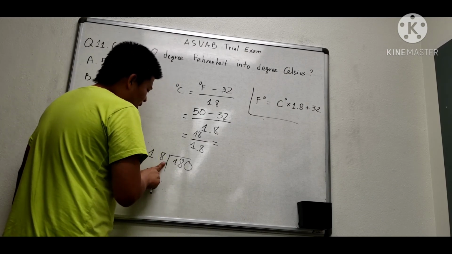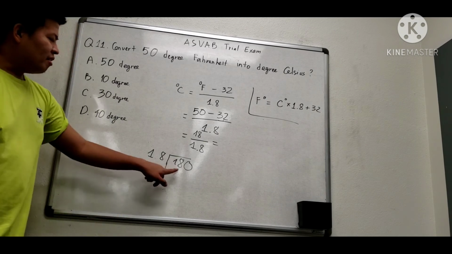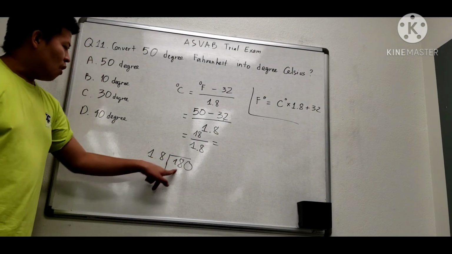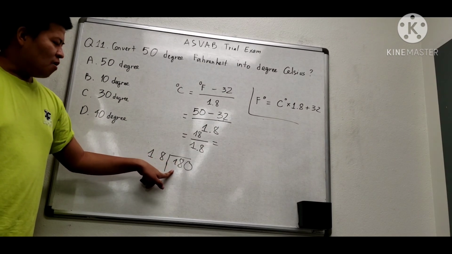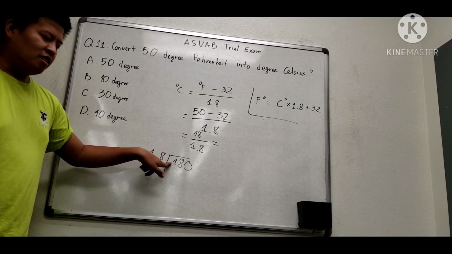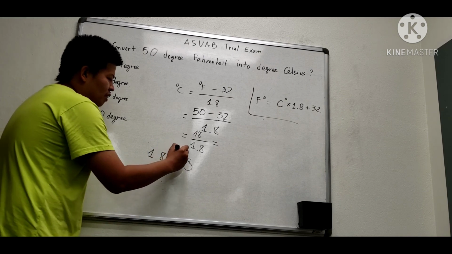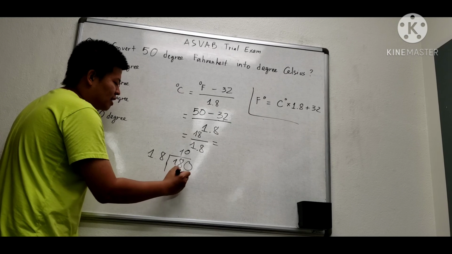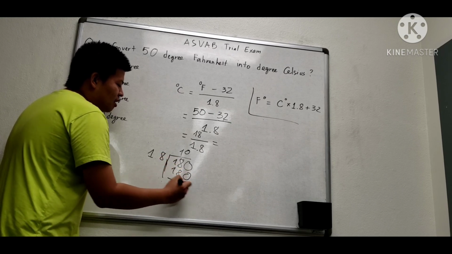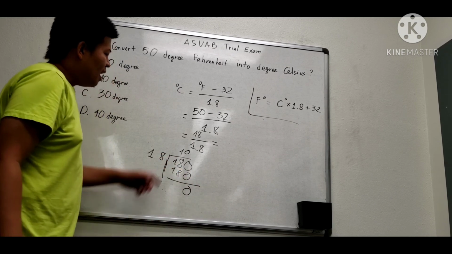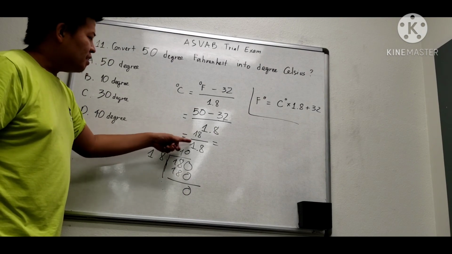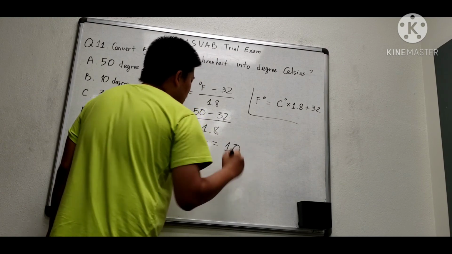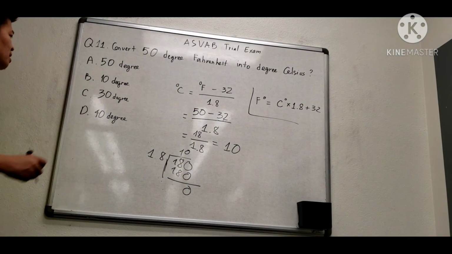And we divide 180 by 18. To get the number to subtract, you multiply by 10, because 10 multiplied by 18 gives 180. That's why you get 0. And the answer for 18 divided by 1.8 is 10. And the answer for the question is B.